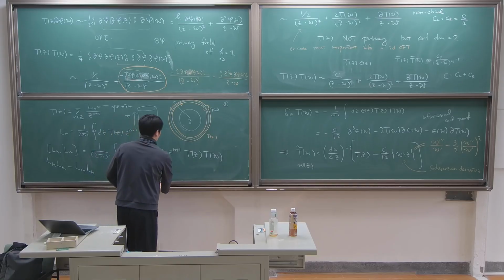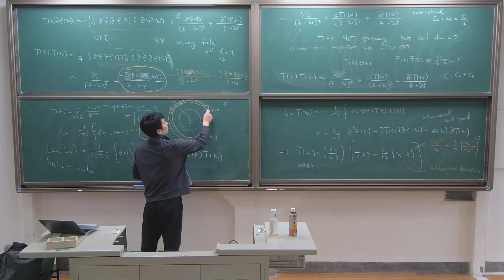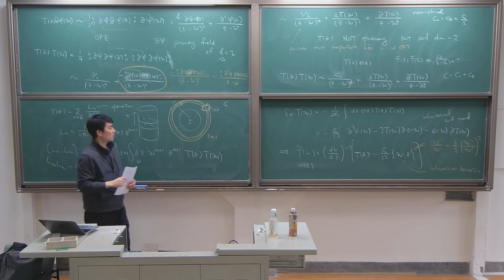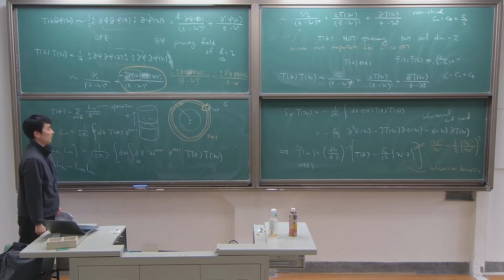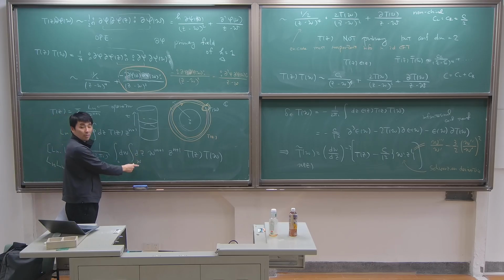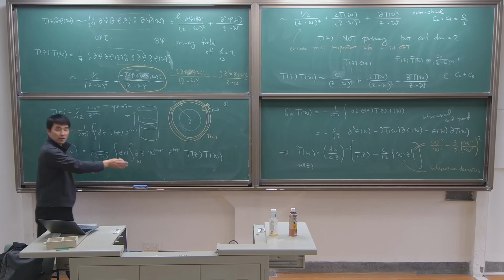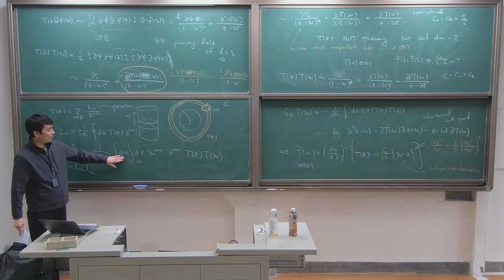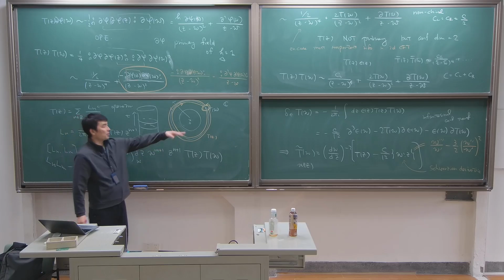What's left is the contour integral here. Okay, is it okay for this one? So Z has to be integrated around W, because of radial ordering. Do you understand what I mean? And what's left is that W can be any.